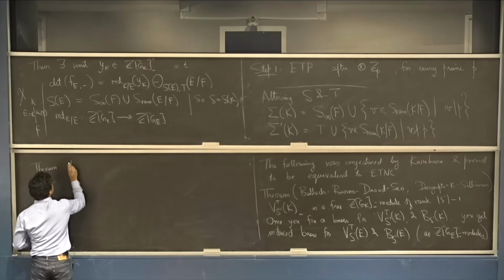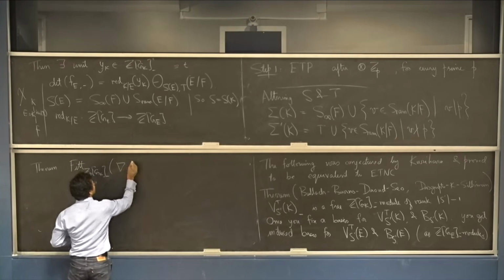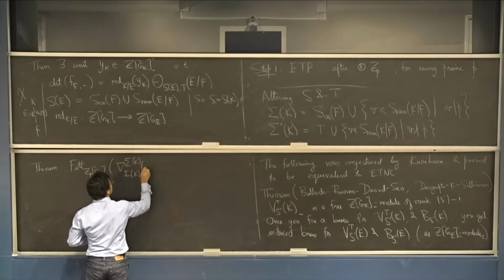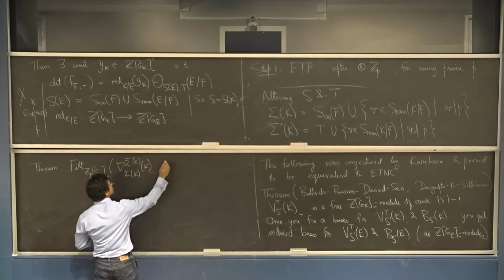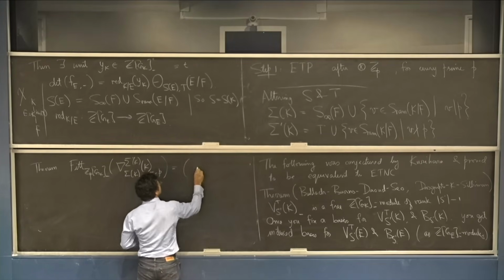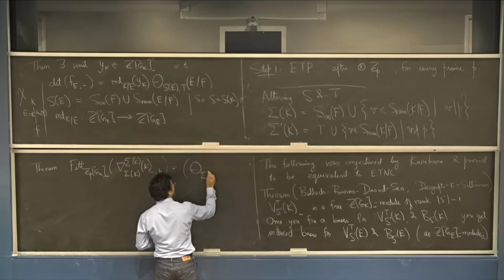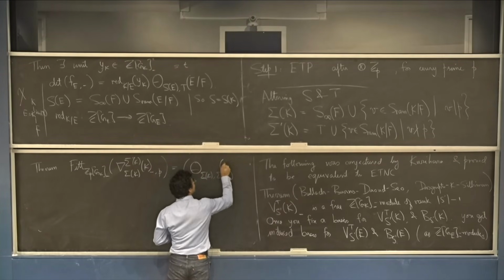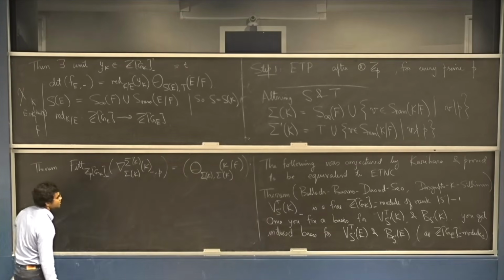The Fitting ideal over Z_p G_K minus of nabla sigma prime K sigma K of K minus, base changed to Z_p, is generated by theta sigma K sigma prime K of K over F. So I have just changed my sets S and T to sigma and sigma prime.